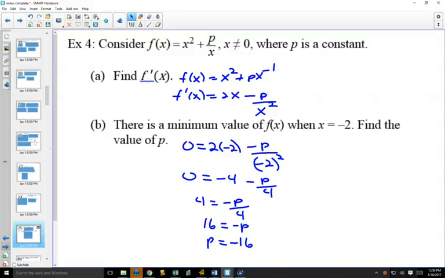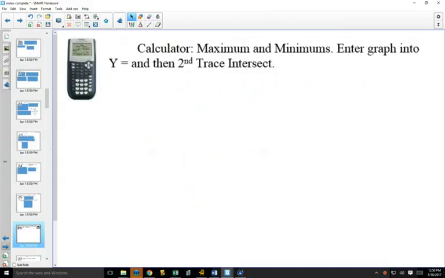So what we've been doing so far is we have been using calculus to find out where maximums and minimums are. If you're doing a question in your homework using calculus and you're wondering, did I find the right values? Well, you have your graphing calculator, and you can always use your calculator to find maxes and mins.